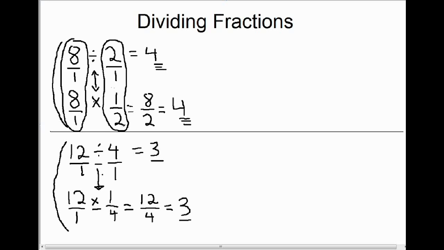The first number stays the same, 12 over 1, and 12 over 1 doesn't change. But the second number does change. Initially we have 4 over 1, and then that changes to 1 over 4. But again, the answer is the same.